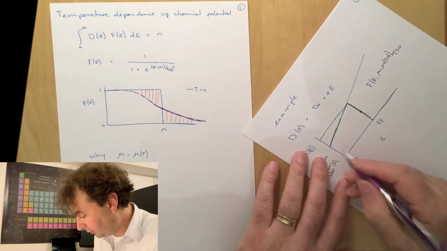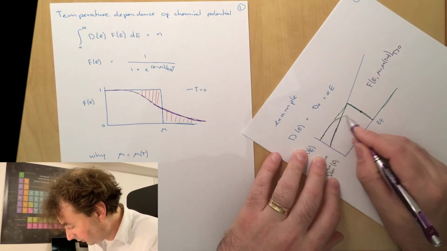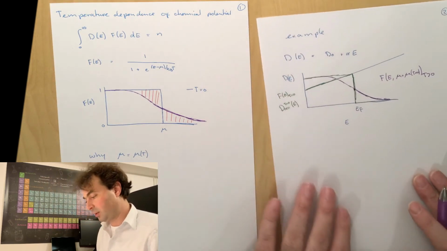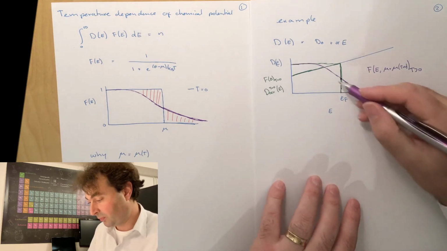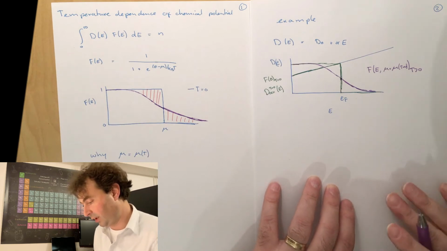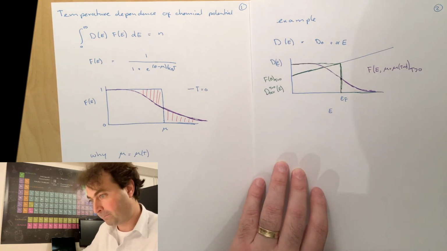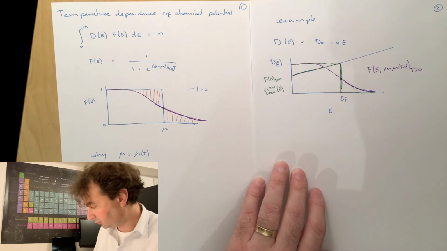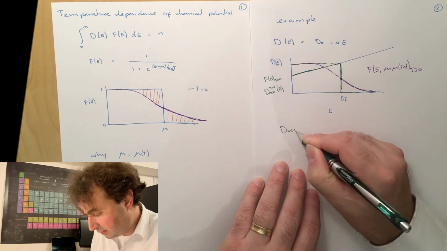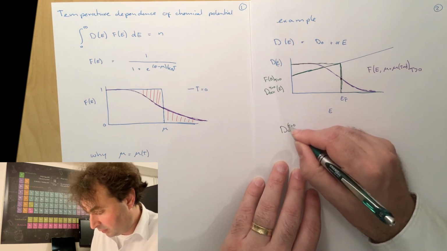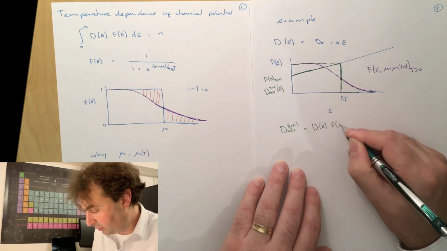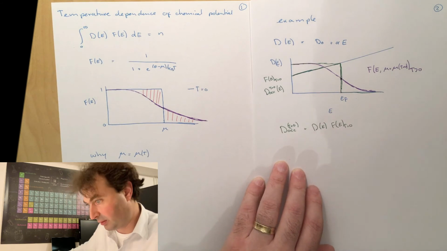It is a half at the Fermi energy and has a symmetry around the Fermi energy, such that the probability that you lose below the Fermi energy, you gain at an energy above the Fermi energy. The occupied densities of states at T equals 0 is given as the densities of states times the Fermi function at T equal to 0.